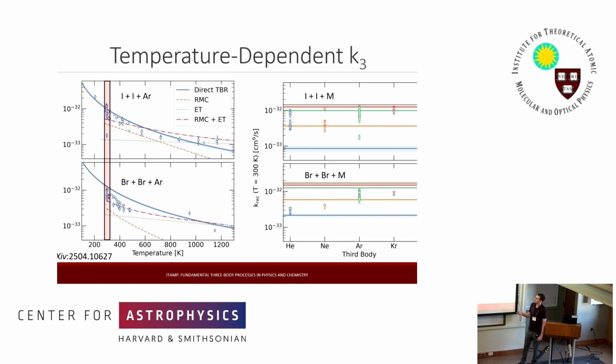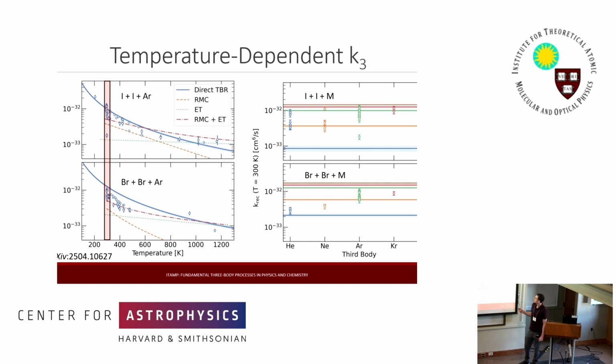Next step is to take a look across all different systems and see how well we do as the noble gas varies. Most of the data for all these other noble gases were taken at room temperature, so we just slice it right here at 300 Kelvin, and then we plot our theoretical recombination rate at 300 Kelvin against the third body.